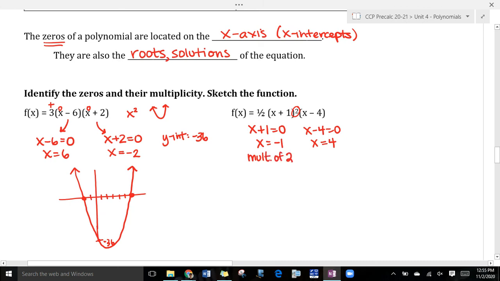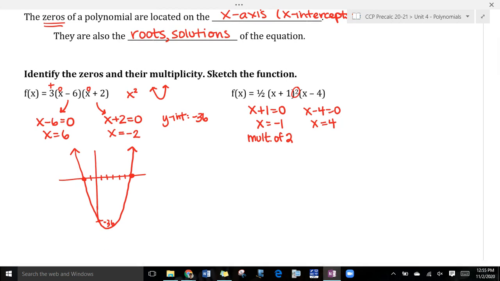Anytime you have a multiplicity of 2, it's like having a parabola, an x squared, at that value, at that 0. So our function, our polynomial, is actually going to hit the value of negative 1 and bounce right back off. It's going to create a parabola, okay? So we have basically an x squared with another x. That means overall this is an x cubed.